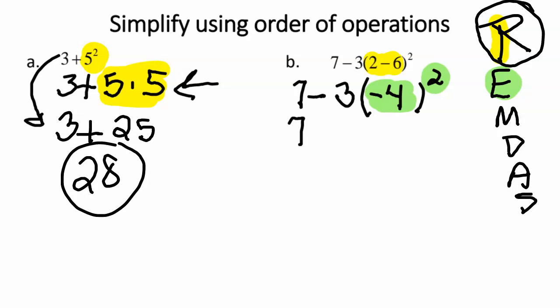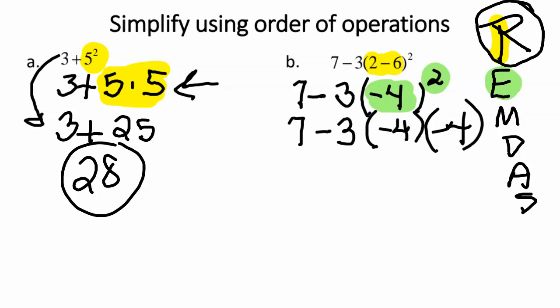It's saying 7 minus 3, and it's negative 4 times negative 4, which means that these two, when I put them together, will give me 7 minus 3 times a positive 16.